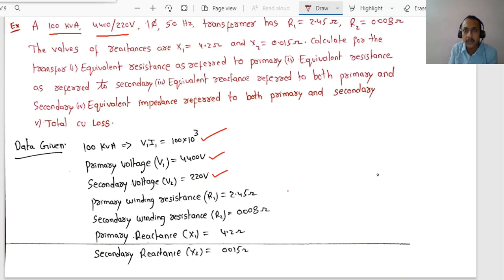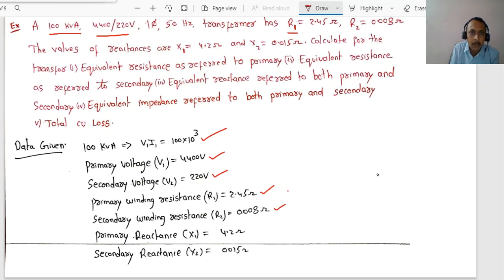We should understand, if he gave you only R1, then it's a primary winding resistance because the subscript 1 is given. So primary winding resistance R1 equal to 2.45, R2 secondary winding resistance 0.008, reactance X1 is there.